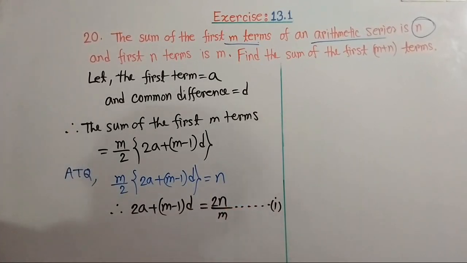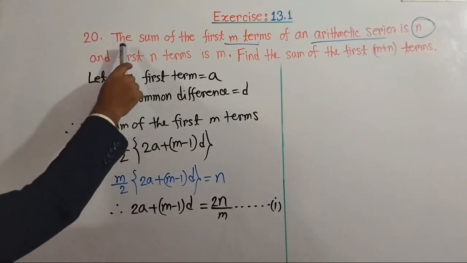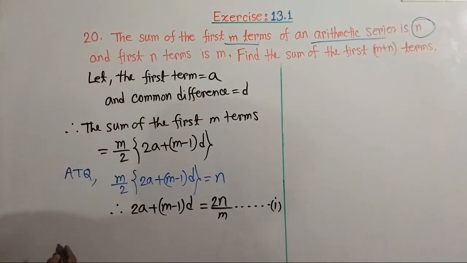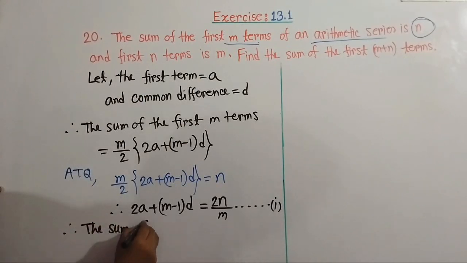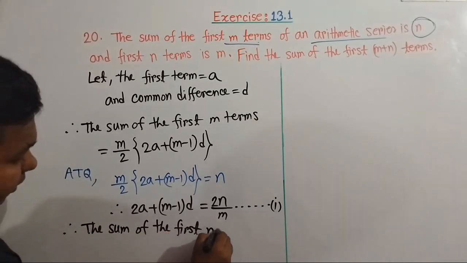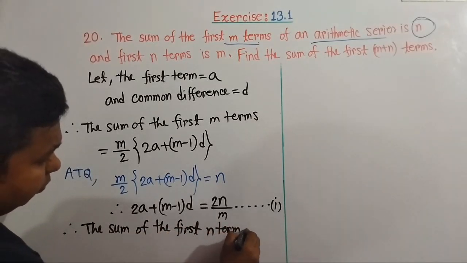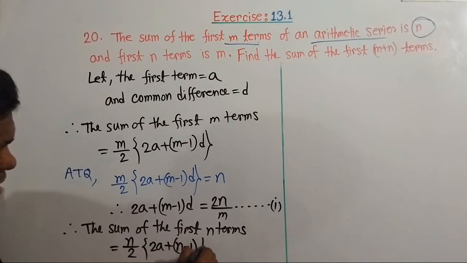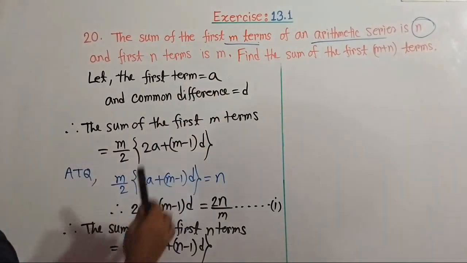Now our second condition: the sum of the first n terms is m. So we write the sum of the first n terms equal to n by 2 into 2a plus n minus 1 into d, and the given value of this is m.